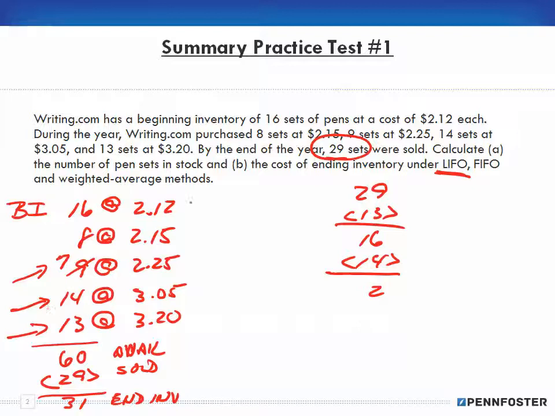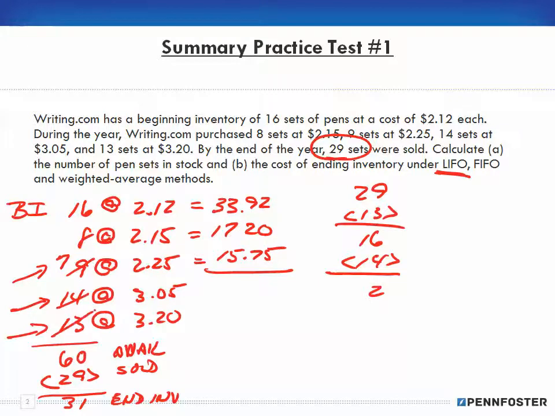Okay, so now when I go ahead and extend this, 16 at 2.12 is 33.92. 8 at 2.15 is 17.20, and 7 at 2.25 is 15.75. Okay, and when I add those all up, since that's what's left in my inventory, now before I add them up, notice I didn't have to extend these 2 here, because they're gone, right?